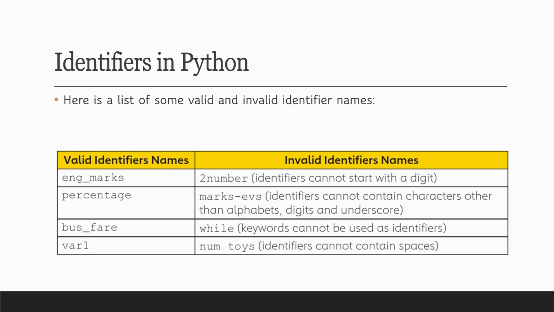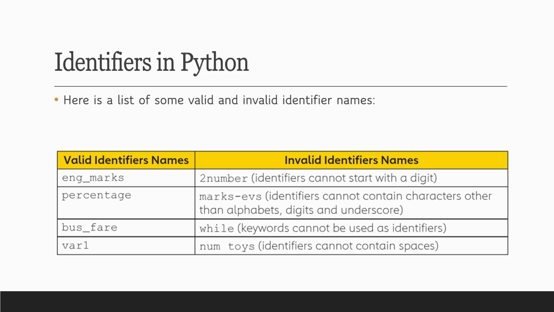Marks-evs, with a dash or hyphen, is also not accepted because Python doesn't accept any special character except underscore. For is not accepted because it is a reserved keyword. Similarly, while is also not accepted since it is a reserved keyword.